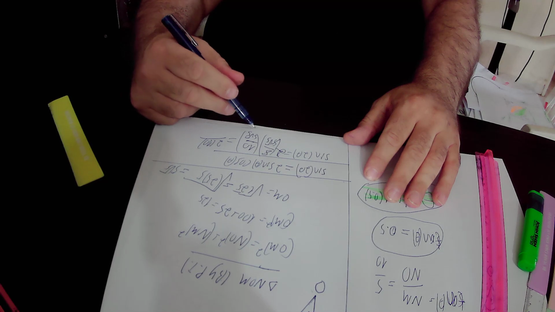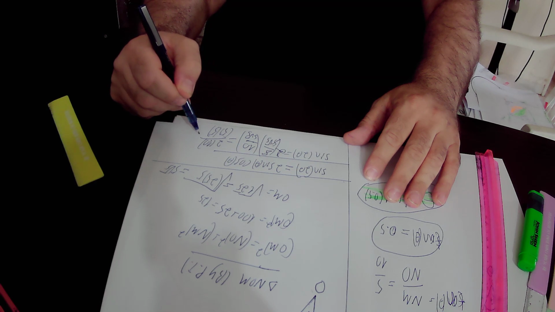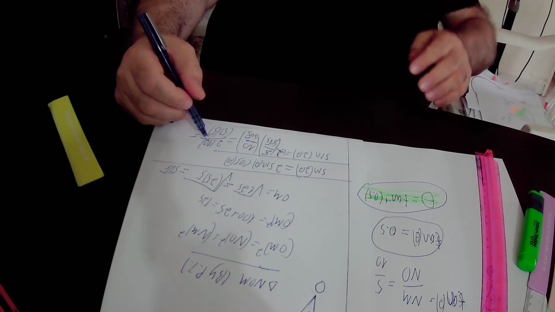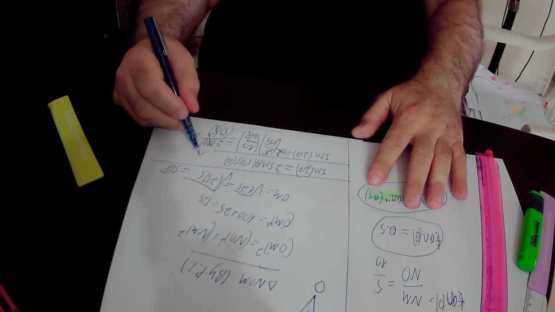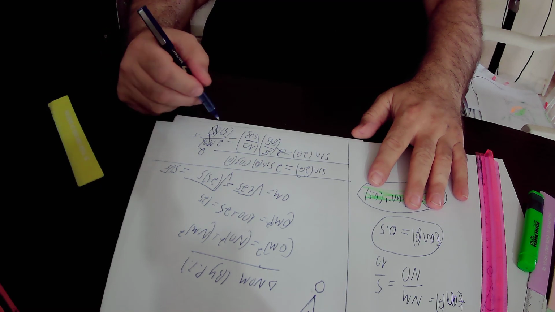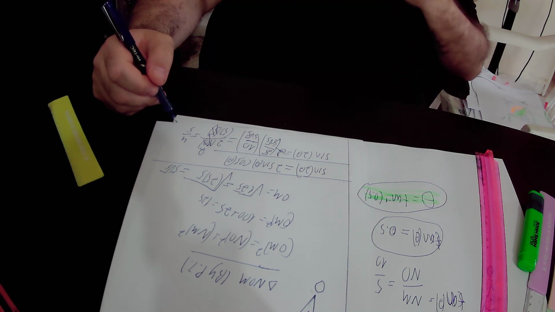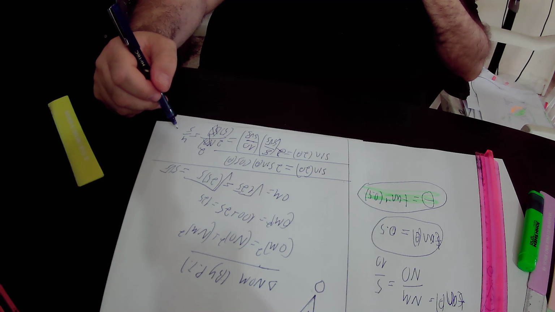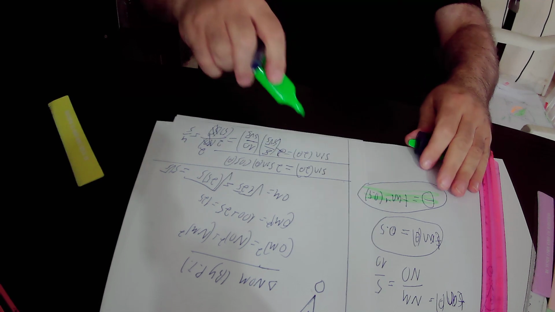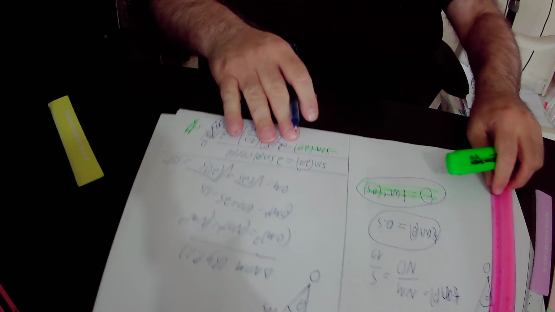In the denominator we have square root of 5 times square root of 5, that is 5 times 5. 10 over 5 is 2, and 2 times 2 is 4. In the denominator we are left with only 5. So in conclusion, sine 2 theta equals 4/5. So I write it down.